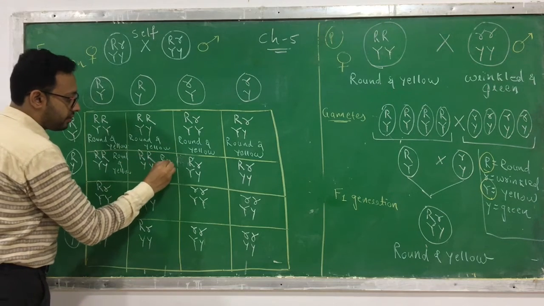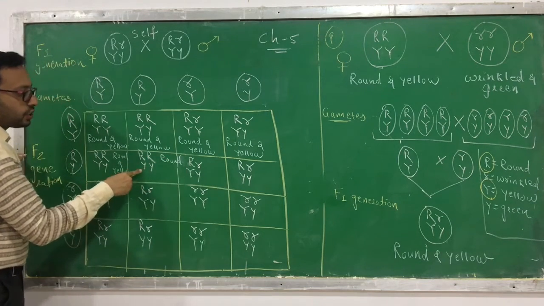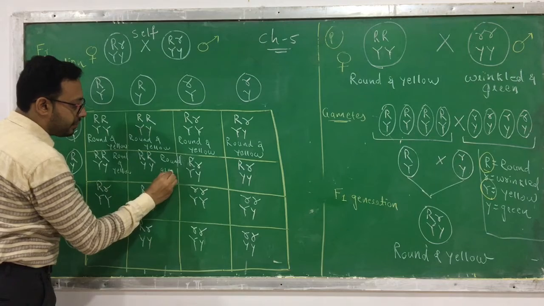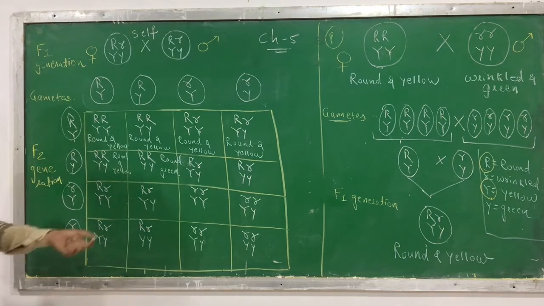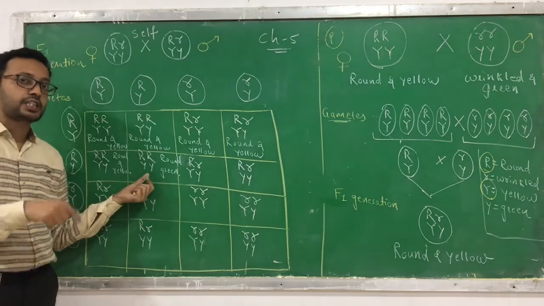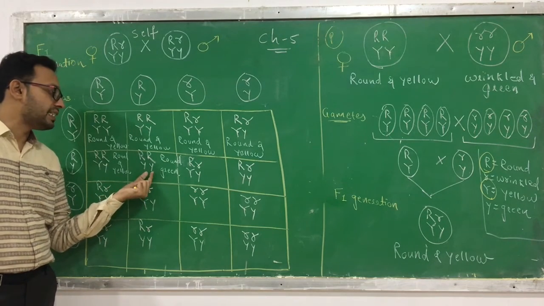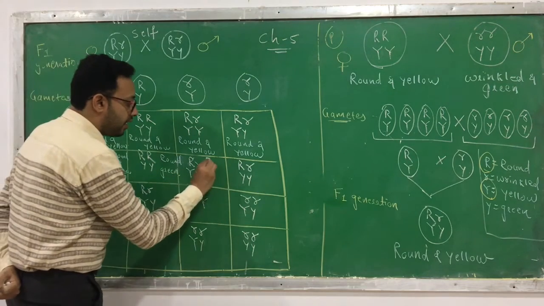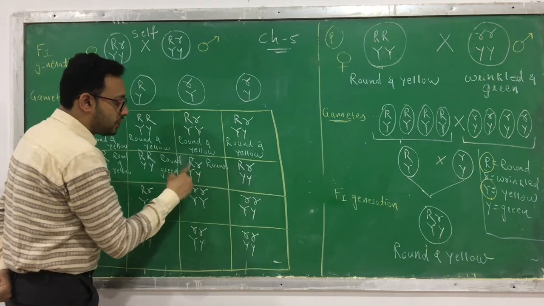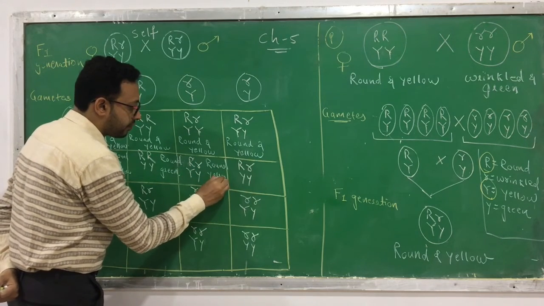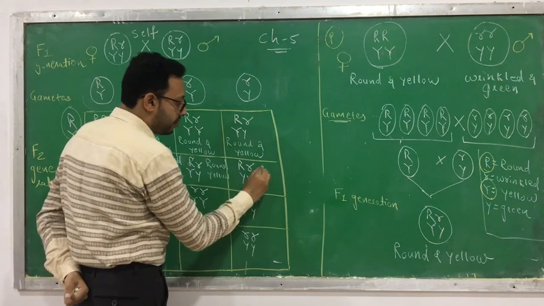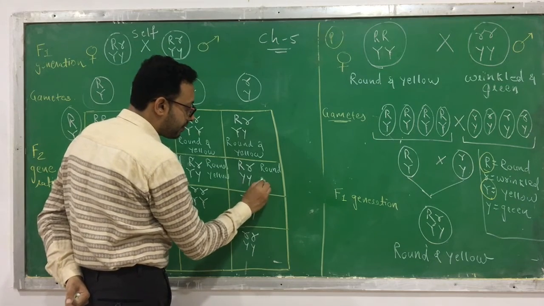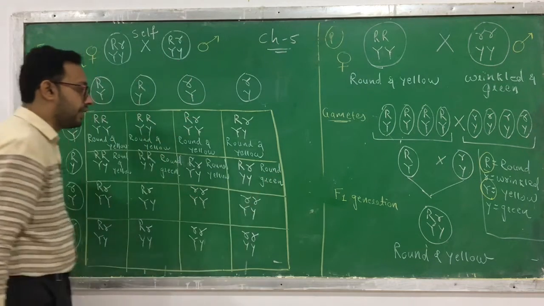Here round. Now see here, there is no capital Y. Both are small y. So it is round and small y, you know the meaning, it's green. Right? This small y is a recessive character that will only express when dominant is absent. So here capital Y is absent, so it will express green. Now see, this is round and yellow. Here capital R is present, capital Y is present, so it's round and yellow. Here round, capital R is present and capital Y is absent, so it's green. Round and green. Clear? Okay.